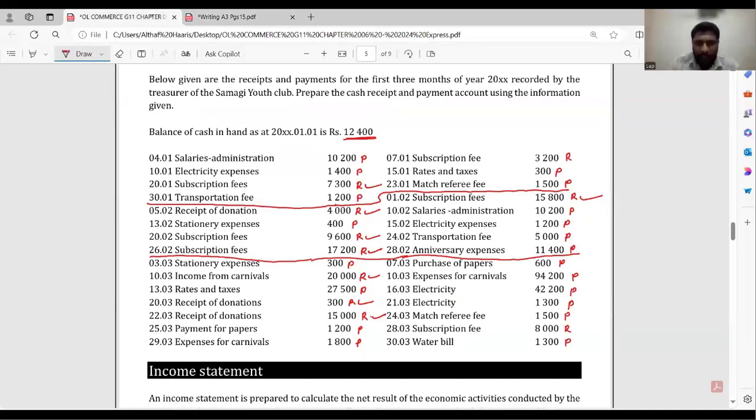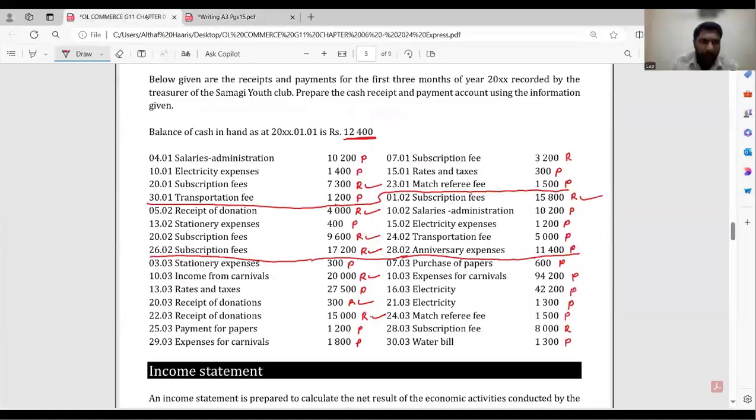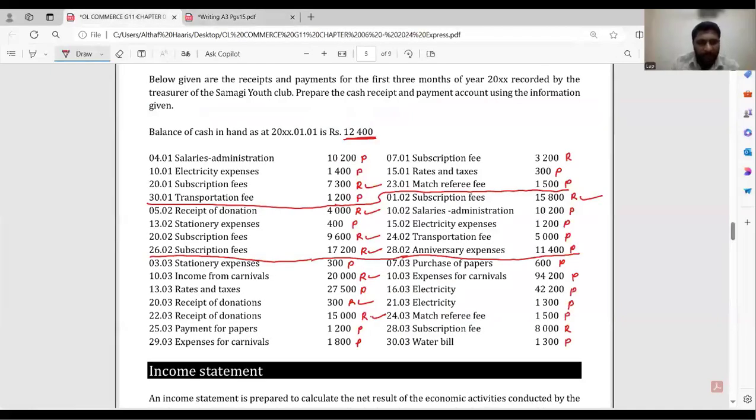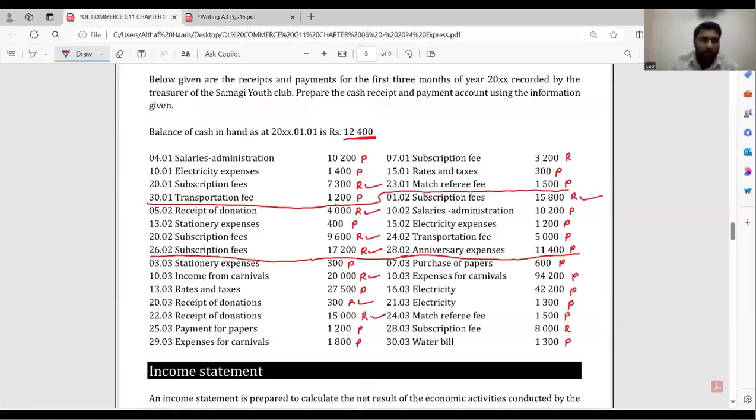Subscription 9,600. Subscription 17,200.